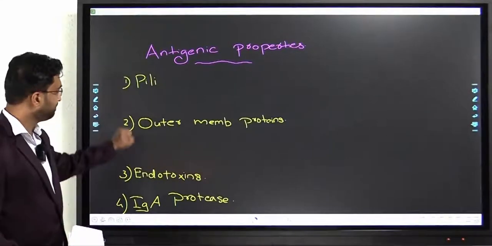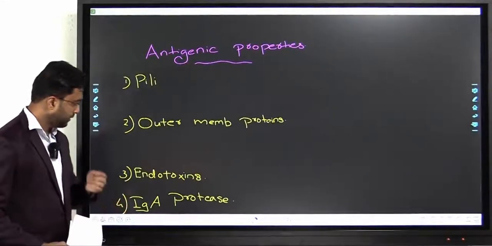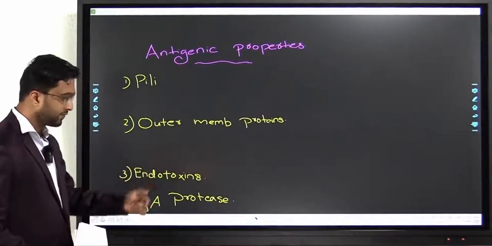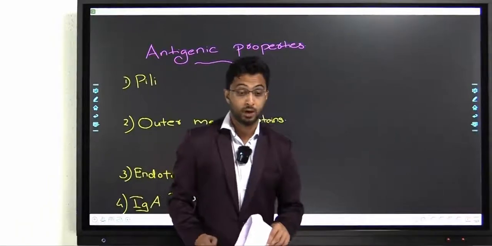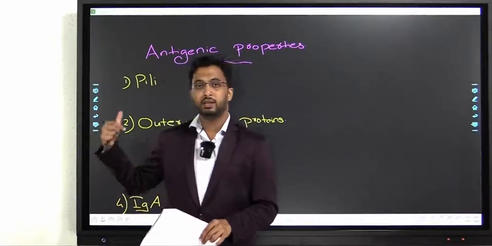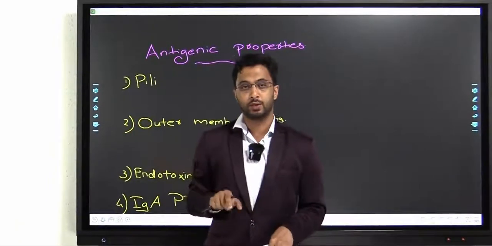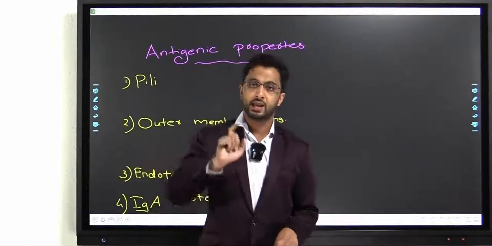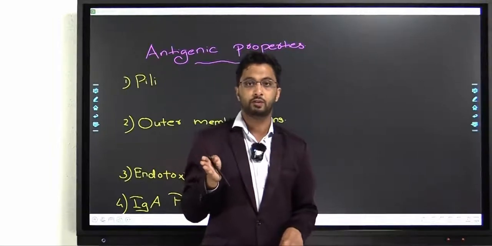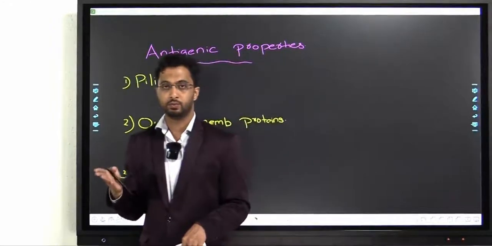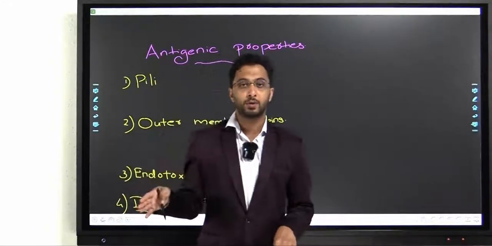Now, one thing which comes here: we have started gram-negative organisms. Did I tell you that? I think not. These are gram-negative diplococci, just note it down. These are gram-negative diplococci and not gram-positive. So far we were talking about staphylococci, streptococci and pneumococci, which are gram-positive.